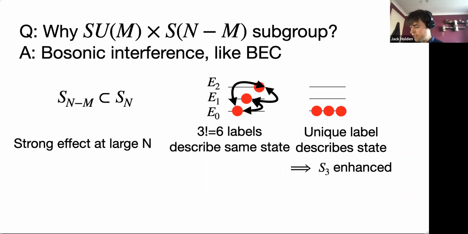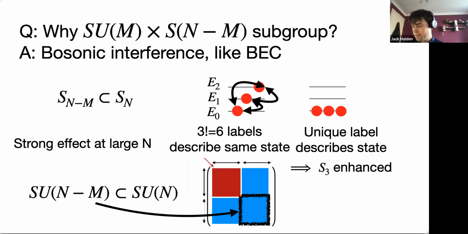This becomes a very strong effect at large N, where the condensate ground state is favored, enhanced by this permutation symmetry. Something analogous happens in the partially confined phase, where the confined subsector is enhanced because of this SU(N-M) subgroup.